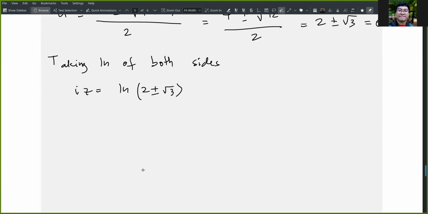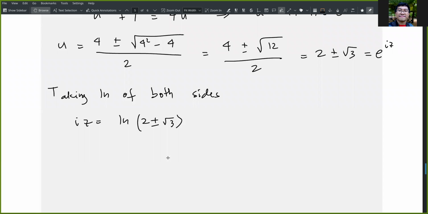Now ln of 2 plus minus square root of 3 would be equal to capital Ln of 2 plus minus square root of 3, treating this as a complex number, with theta equal to multiples of 2 pi.